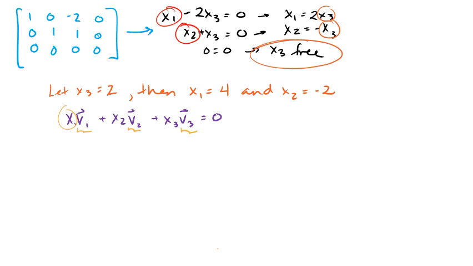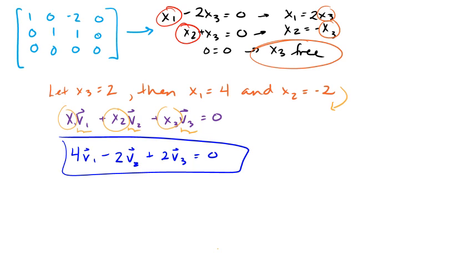So for x1, x2, and x3, I'm just going to plug these in. So I have 4 times vector 1 minus 2 times vector 2 plus 2 times vector 3 is equal to 0. So this is one of infinitely many possible linear dependence relations among those three vectors.